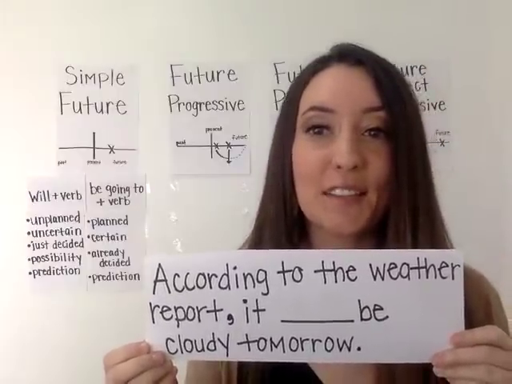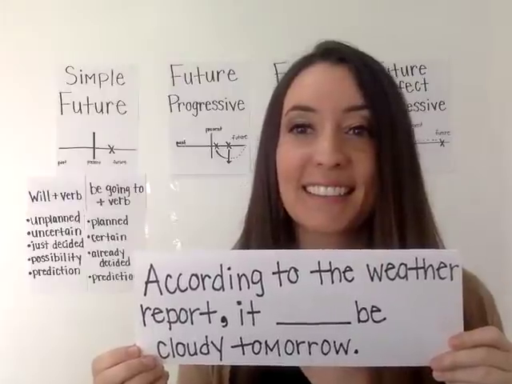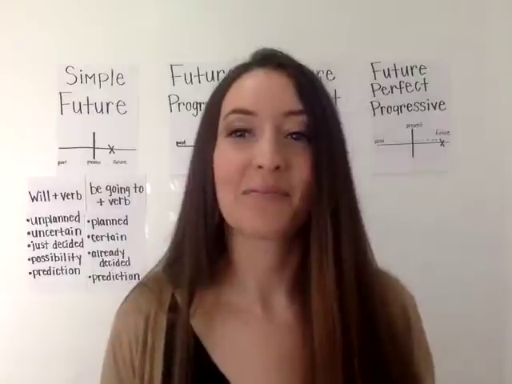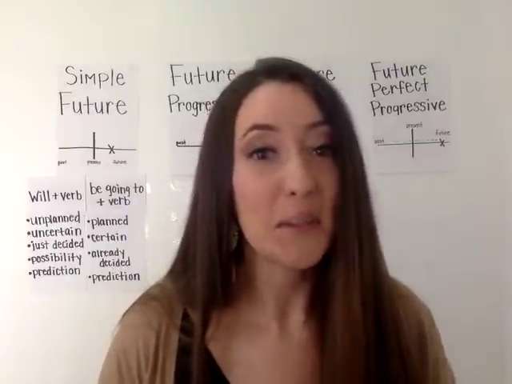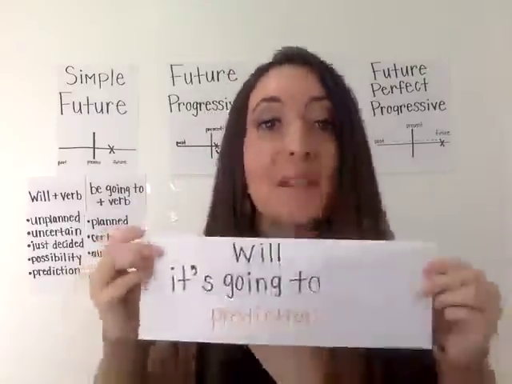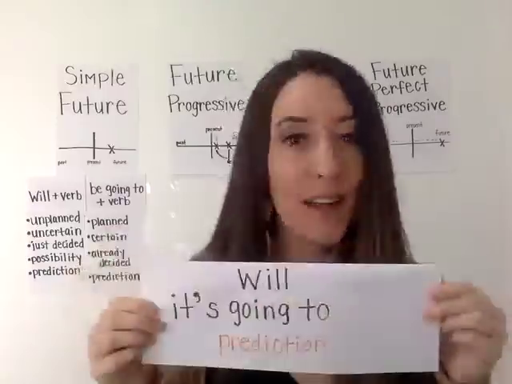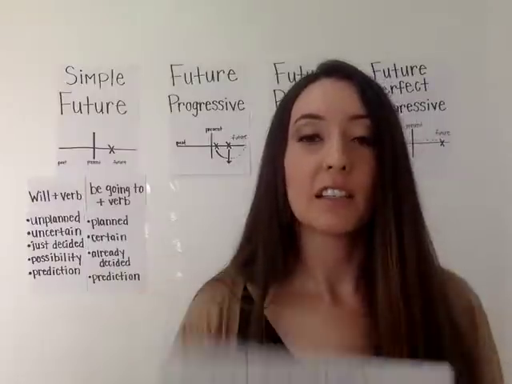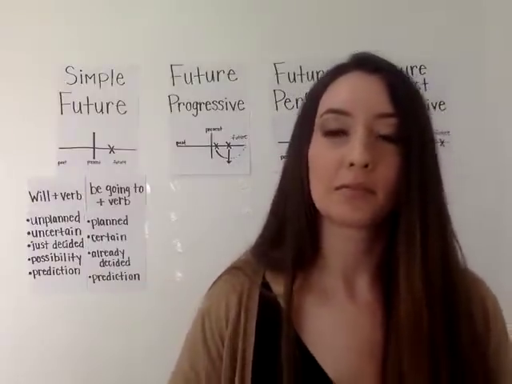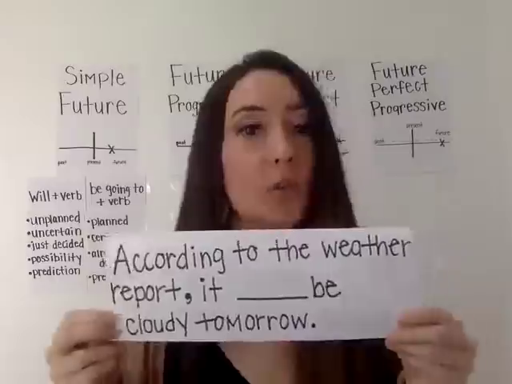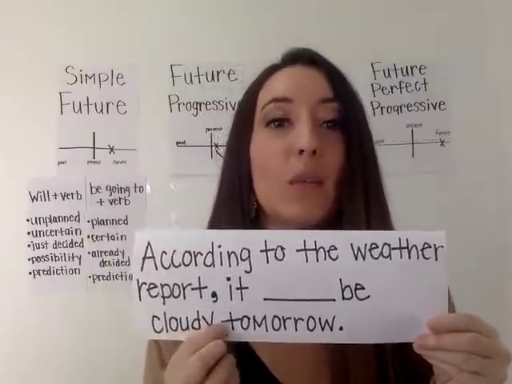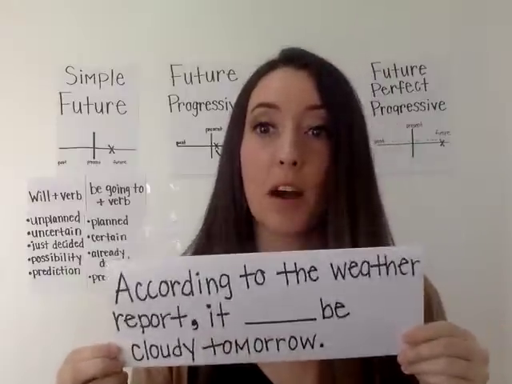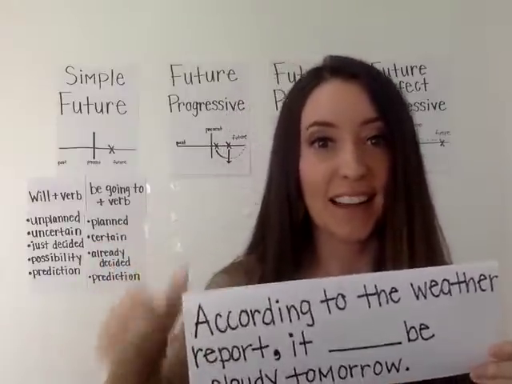I'll give you just a few seconds. Okay, I see a lot of responses coming in. All right. So in this example, if you said both, you are correct. Why? Because it's a prediction. So the sentence is, according to the weather report, it will be cloudy tomorrow, or it's going to be cloudy tomorrow. Both of these are correct.